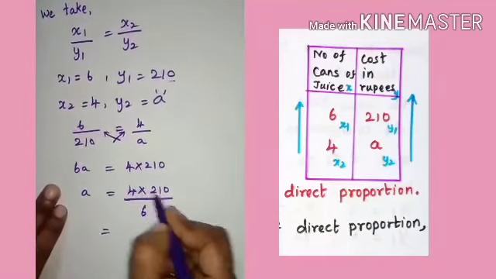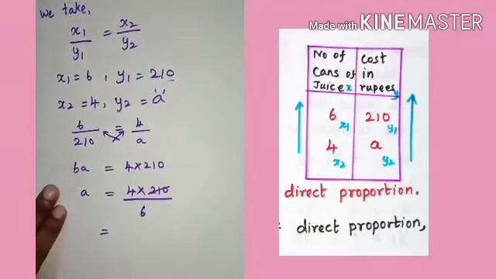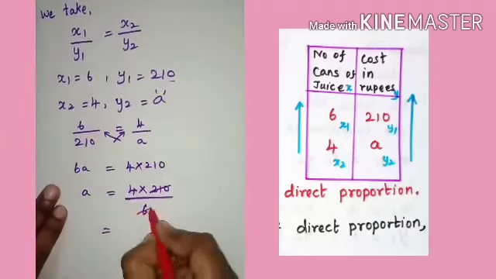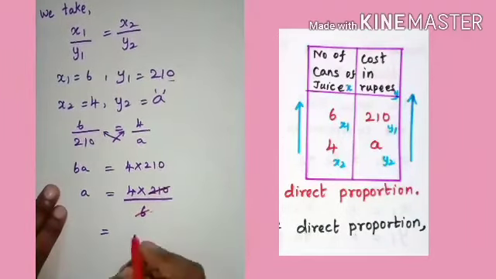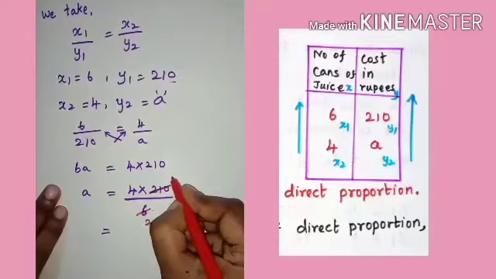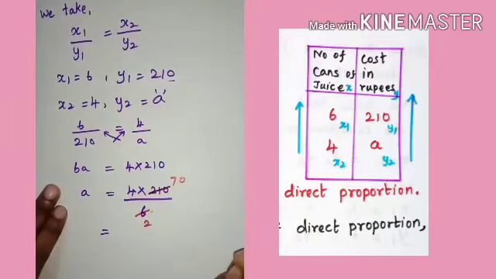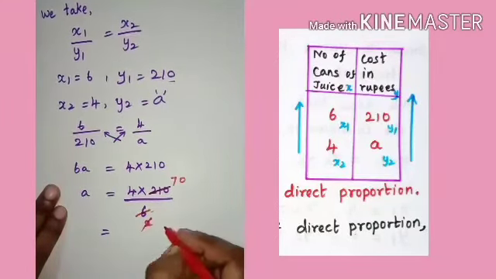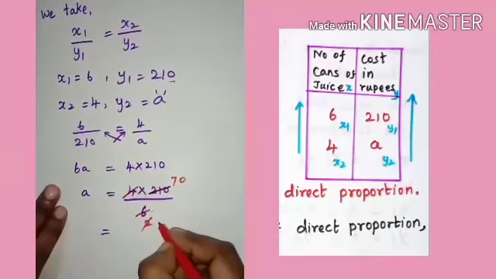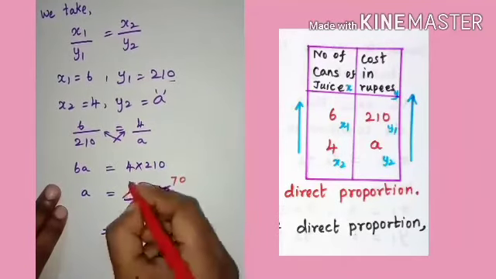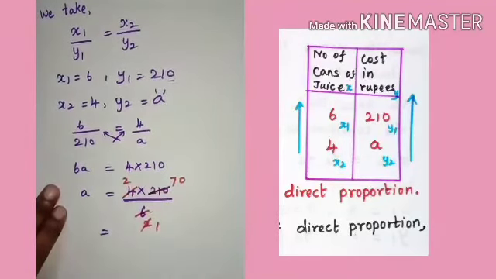Now cancelling 210 and 6 by using the 3 table, here it is 2 times, here it is 70 times. Again, when we cancel 2 and 4 by using the 2 table, here it is 1 time and in the numerator it is 2 times. So 2 into 70, that is, a is equal to 140.